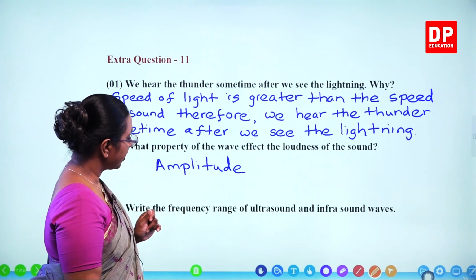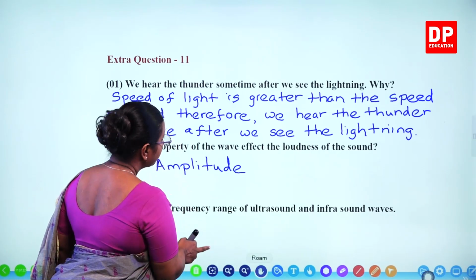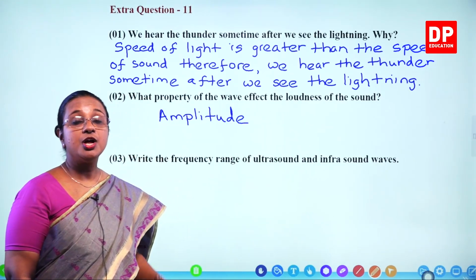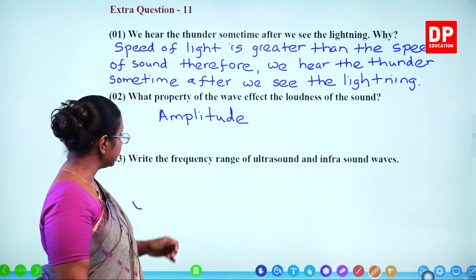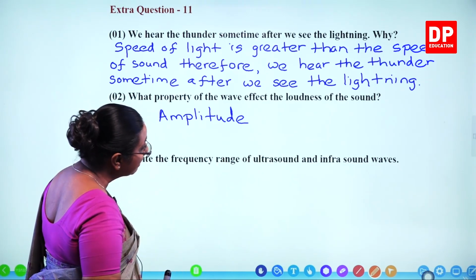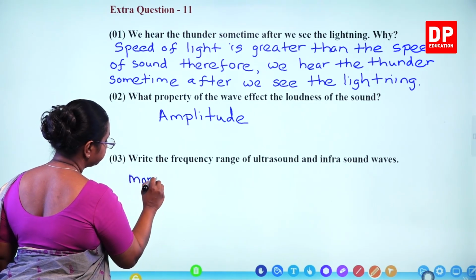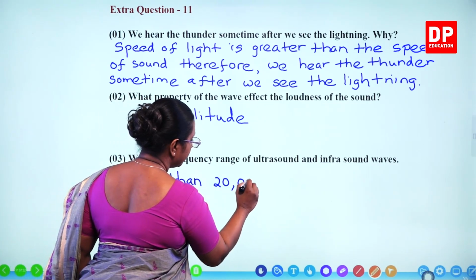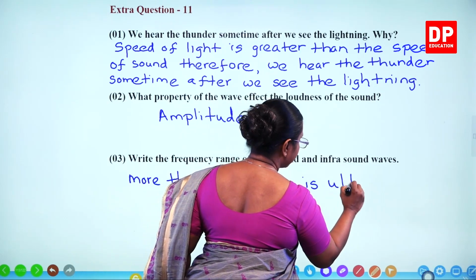Write the frequency range of ultrasound and infrasound waves. So you all know there is a hearing range. What is the hearing range? 20 Hz to 20,000 Hz. So then what is ultrasound? Ultrasound is the sound that is above 20,000 Hz. So more than 20,000 Hz is ultrasound.